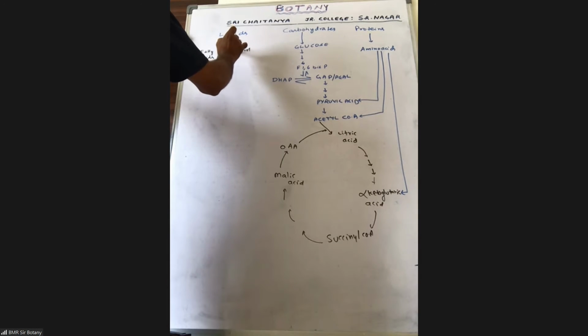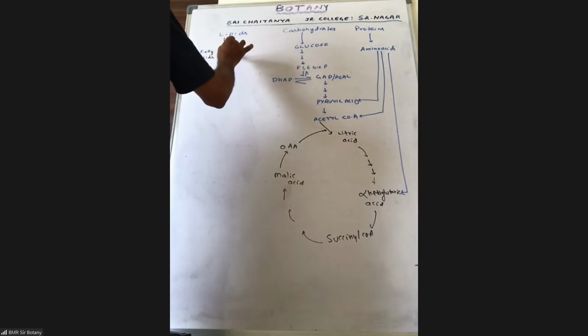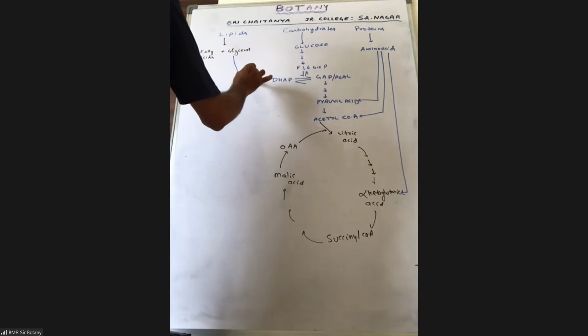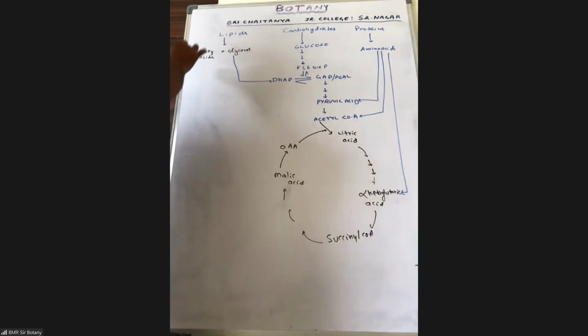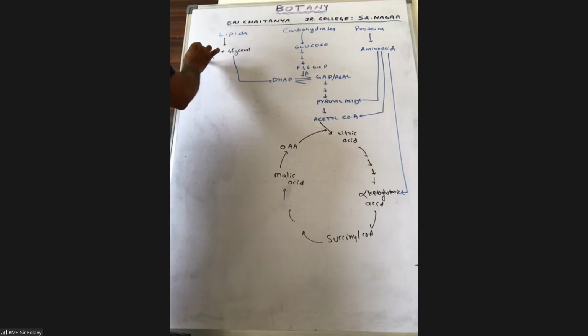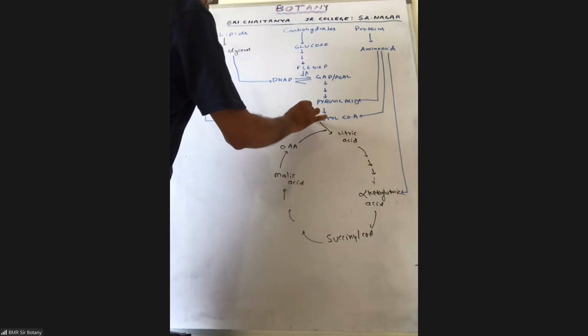What was glycerol? Remember, Nana? Trihydroxypropane, isn't it? Glycerol will enter as GAP through DAP. Fatty acids will enter as acetyl-CoA.